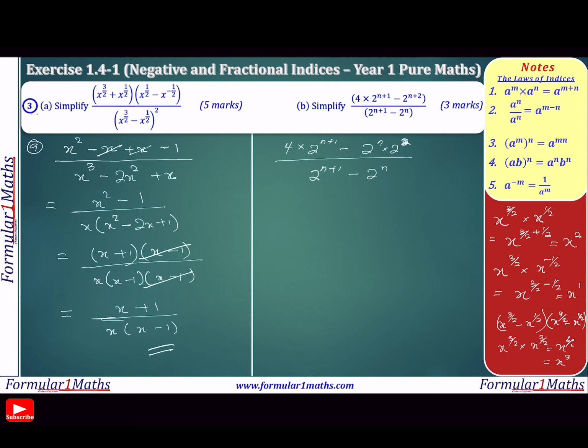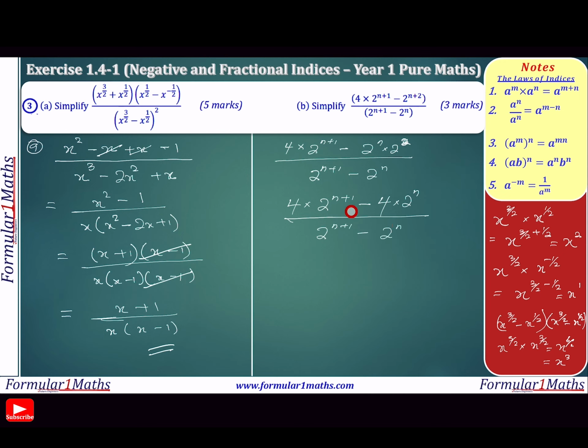What we need to do now is rewrite the numerator as follows. 4 times 2 to the power n plus 1 minus 4 times 2 to the power n, because 2 to the power 2 is 4. And then I'm going to leave the denominator as it is again. So 2 to the power n plus 1 minus 2 to the power n.